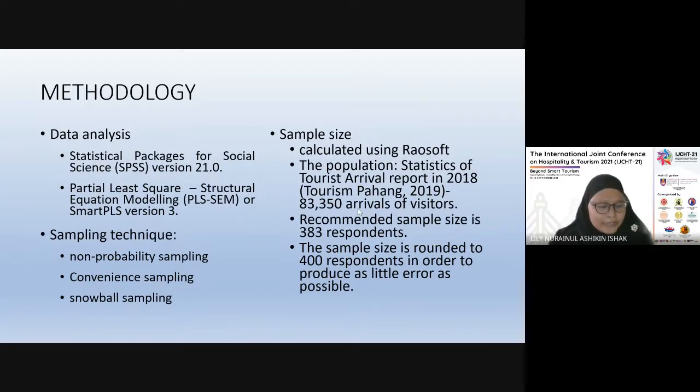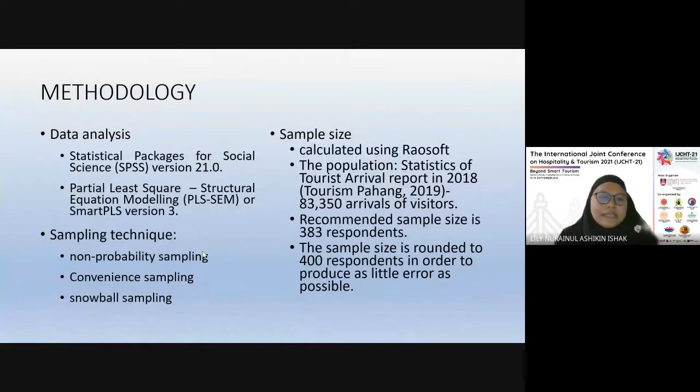As for data analysis, we used SPSS and partial least square structural equation modeling, PLS-SEM. Most of the descriptive statistics are done in SPSS, while the hypothesis testing is done in PLS-SEM.